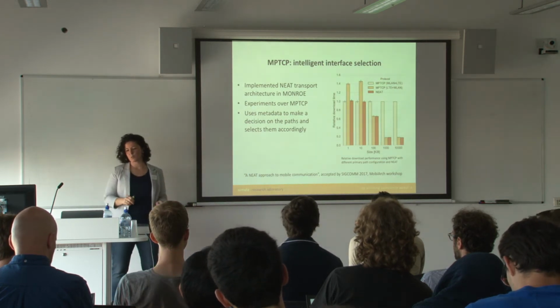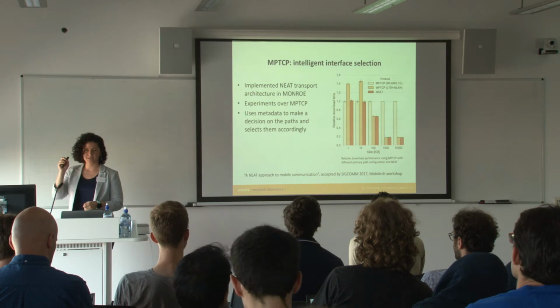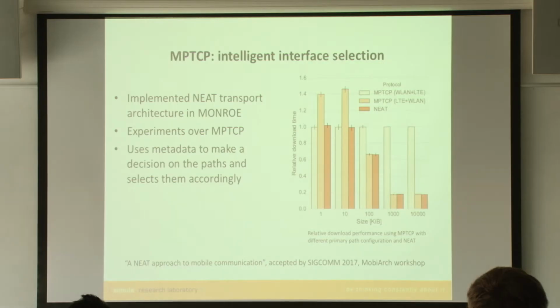And I also wanted to mention MPTCP as my final slide. We have done a lot of measurements in MPTCP for the last 3-4 years. This is one of the last things we have done: implementing an intelligent interface selection algorithm for MPTCP.